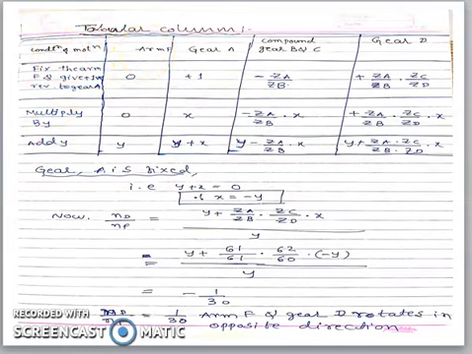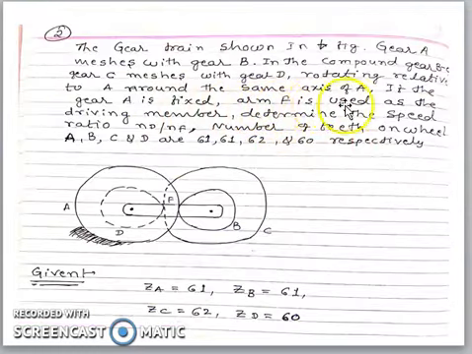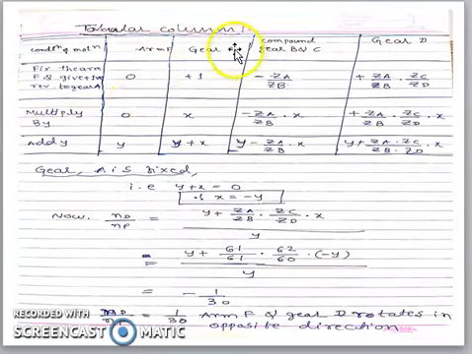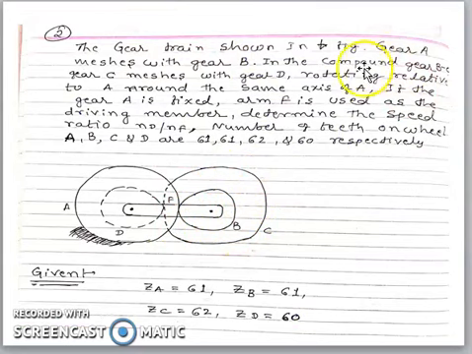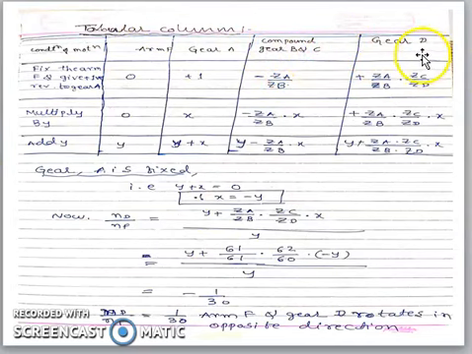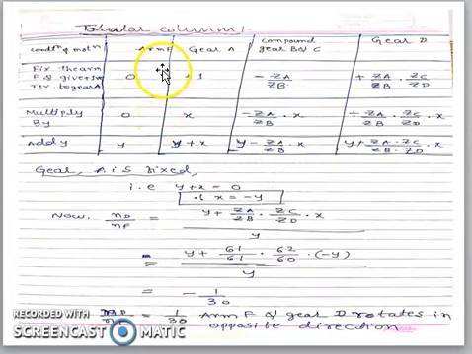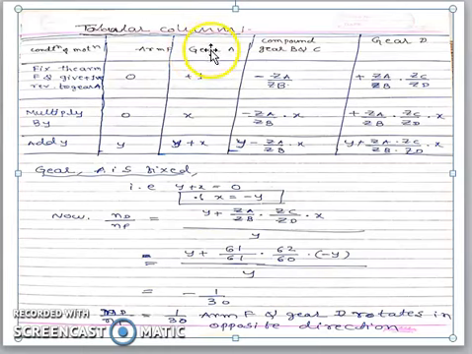Arm F is used as the driving member, so write arm F first, then gear A, then the compound gear BC, and last gear D. A and D are separate, but B and C are the compound gear, and the arm is F. So write four columns: arm F, gear A, compound gear BC and gear D.